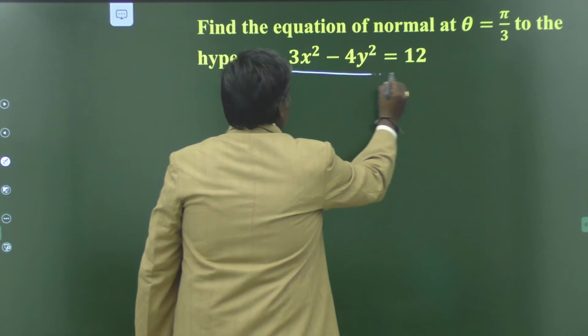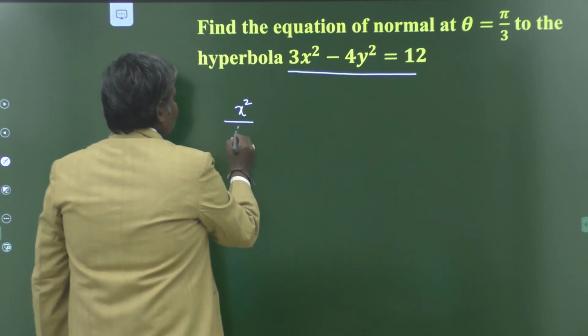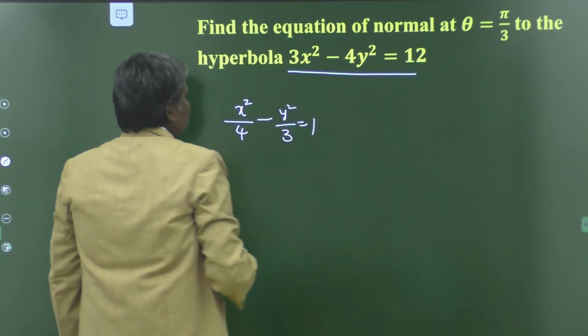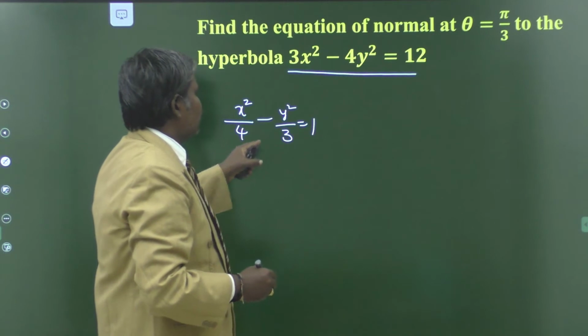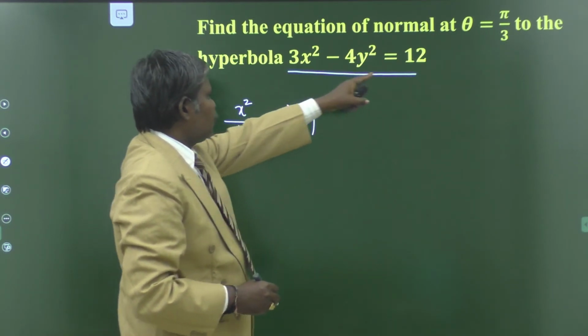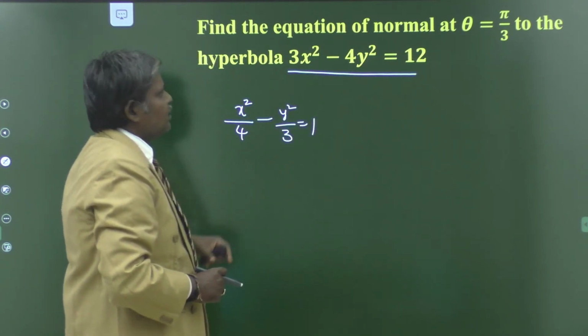So first we write the equation in the standard form, that is x²/4 − y²/3 = 1. Standard form means x²/a² − y²/b² = 1. For that you have to divide both sides by 12. We get the standard form.